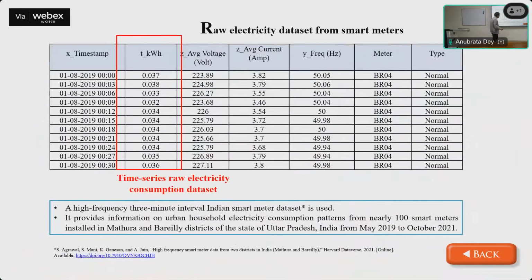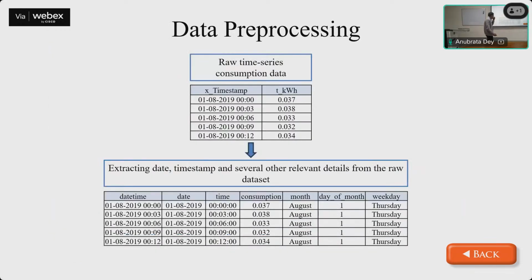We have some raw data which we can take from the meters: the timestamp, kilowatt hour, voltage, current, frequency, and the type of meter. We have considered the time series raw electricity consumption data. We have gathered this from the Mathura and Bareilly region from May 19 to October 21. Once you have this data, the next task is you have to process this data.